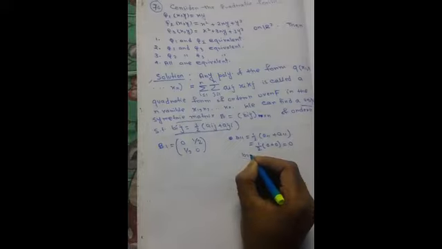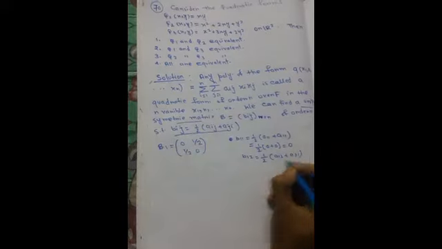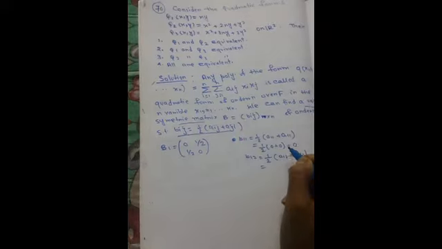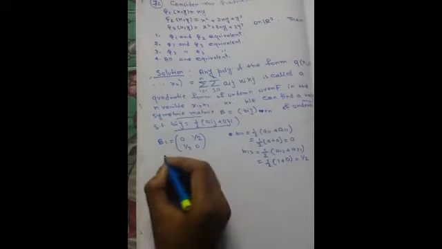So 0 plus 0 is equal to 0, and b12 is equal to half of (a12 plus a21). Now the coefficient of a12 is the coefficient of xy, so this is 1, and the coefficient of yx is 0. So half. Similarly, we get b21 and b22.